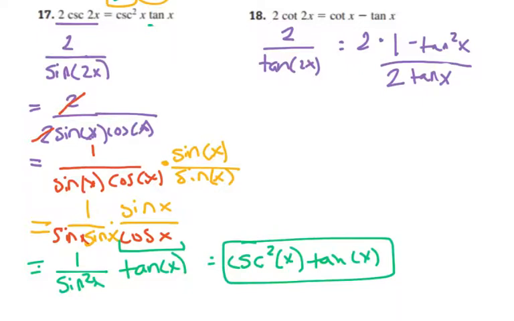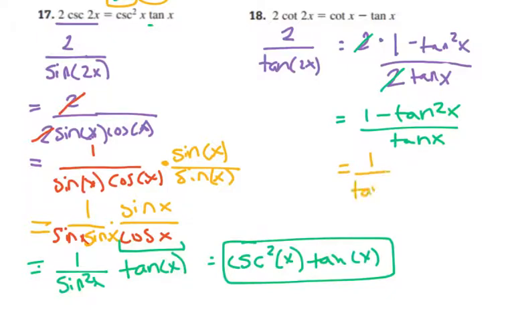So then taking a look at our 2's, those are going to cancel. And so we'd be left with 1 minus tangent squared over tangent. But of course, if you have a fraction, you can split that up. So we have a common denominator, so 1 over tangent. And then that's minus tangent squared over tangent.